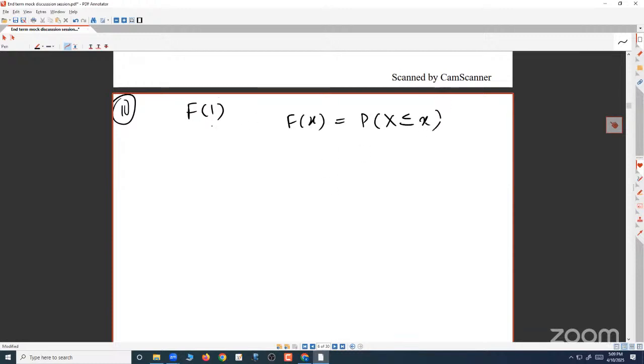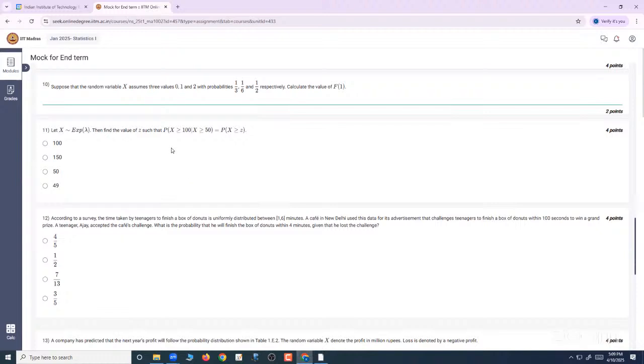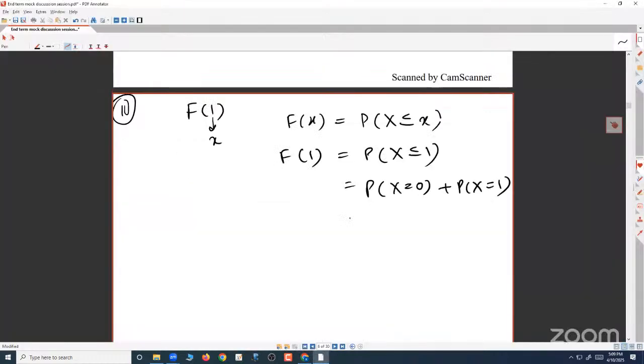Now, in place of x, it is 1. So I have to calculate F1, which is the probability that X is less than or equal to 1. That means the probability that X equals 0 plus the probability that X equals 1. Now, what is the probability of X equals 0? It is 1 by 3, and for 1 it is 1 by 6. So it would be 1 by 3 plus 1 by 6, which is 2 plus 1 by 6, which is 3 by 6, which is 1 by 2, that is 0.5. Got it?